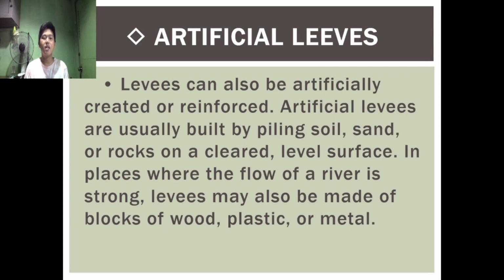Artificial levees. Levees can also be artificially created or reinforced. Artificial levees are usually built by piling soil, sand, or rocks on a cleared level surface. In places where the flow of a river is strong, levees may also be made of blocks of wood, plastic, or metal.